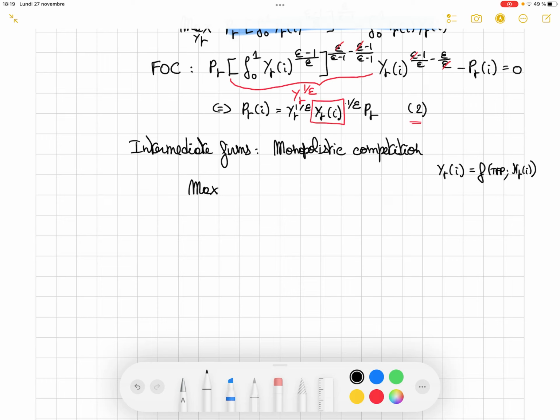Yes, and we will consider that it is concave in NTI for the sake of avoiding some exponential corner thing. Okay, so that's what we have.